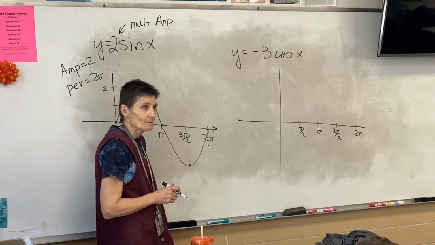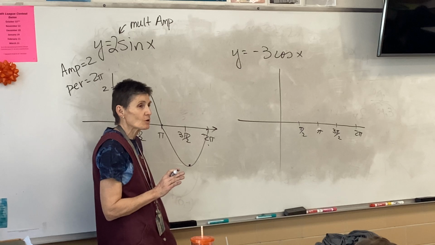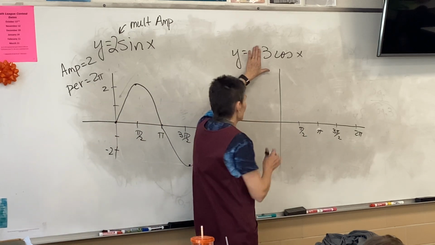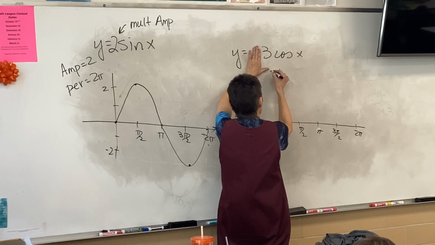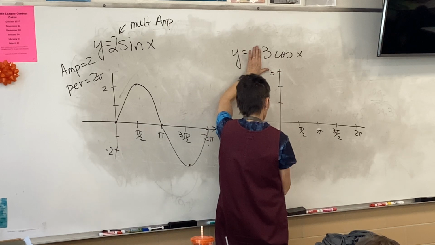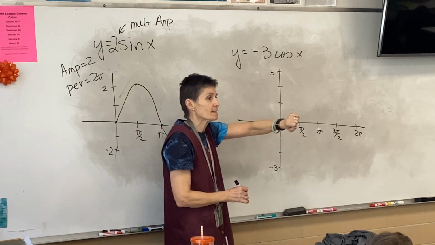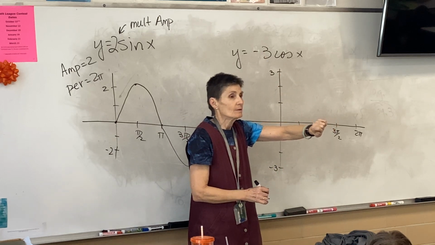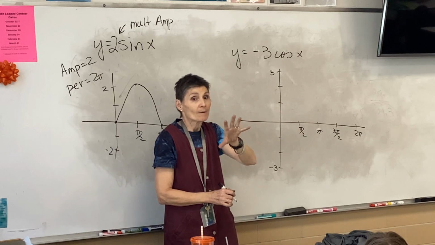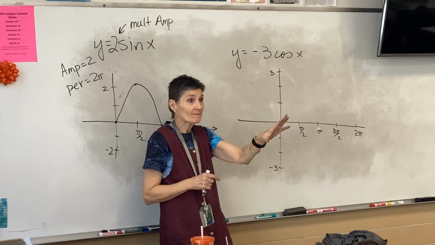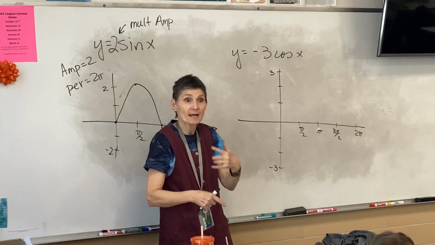Smaller. Good thoughts all around. What if that negative weren't there? It would just go up. But if it's negative, my amplitude would be 3. Would you agree with that? What does putting a negative out in front of something do? Flips it. Which way does it flip it? Side to side? Upside down. A negative out in front flips you upside down.